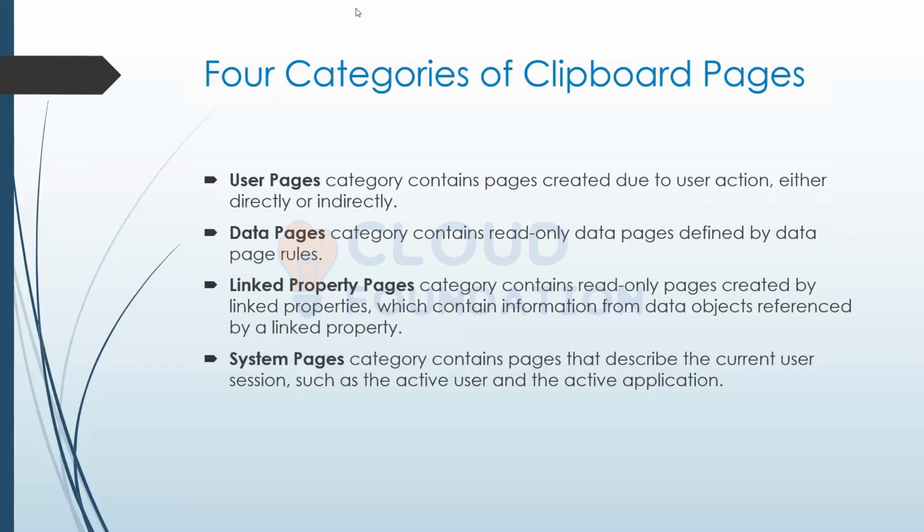If I want to look at system related information, I should check only the system pages. There is no point checking the user pages category because it doesn't have any related information to the system. We should clearly know which category holds what kind of data.